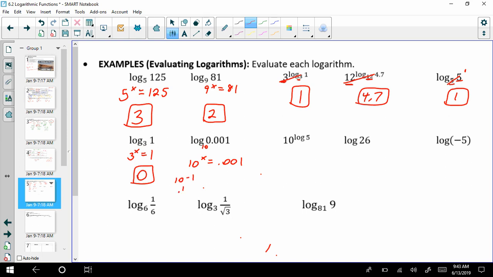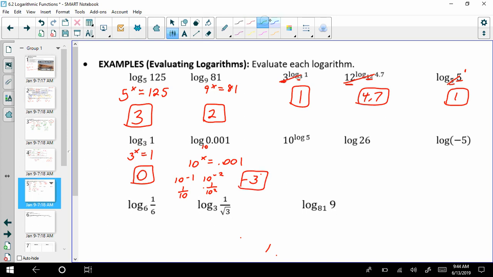Well, that would be the same as 1 over 10. But 1 over 10 is 0.1. I need 0.001. What about 10 to the negative 2? Well, that would be 1 over 10 squared, which is 1 over 100, but that's 0.01. It turns out this answer is negative 3.